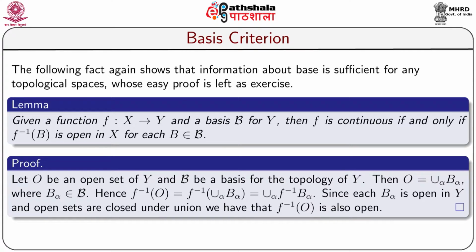That means O can be expressed as a union of B_alpha where each B_alpha is a basis element. Hence, f inverse O is equal to f inverse of union of B_alpha, which is equal to union of f inverse B_alpha, as inverse mapping behaves well under union. Since each B_alpha is open in Y and open sets are closed under arbitrary union, we have that f inverse O is also open.